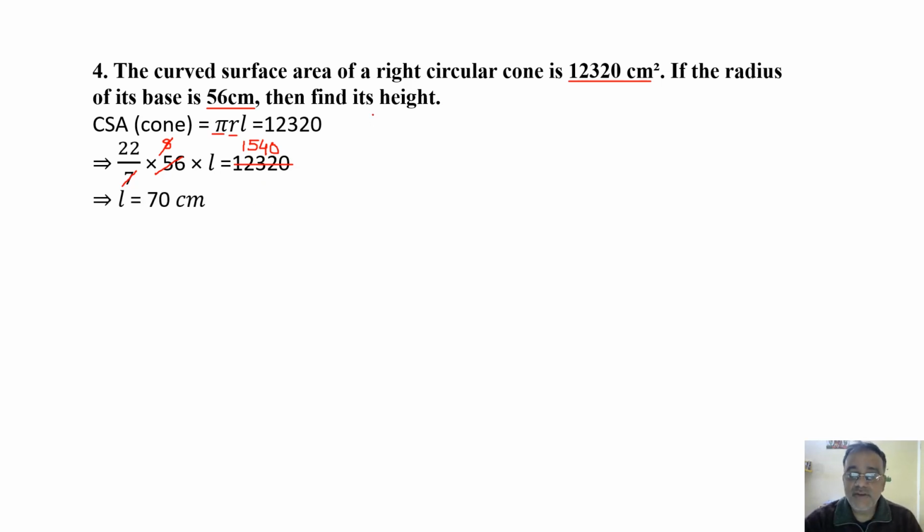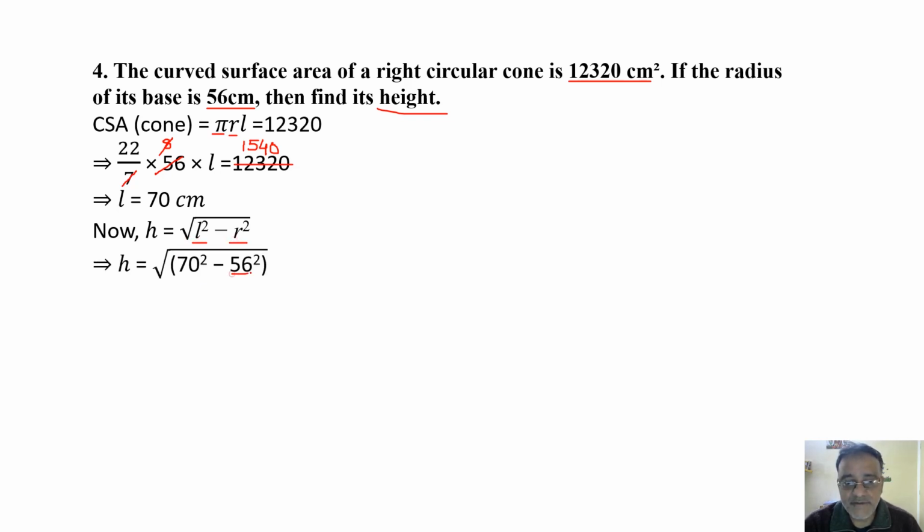Now what we need to find is the height, not the slant height. So the formula for height is root over L square minus R square. 70 square minus 56 square. Finding the square of 56 is a bit difficult, so we will use the a plus b into a minus b formula. So 70 plus 56 into 70 minus 56.